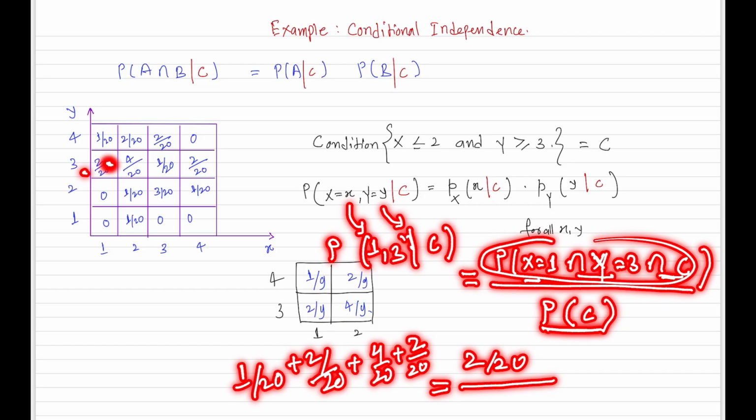That sum would be 9 divided by 20. So you will get 2 divided by 9. That is what I have written here.